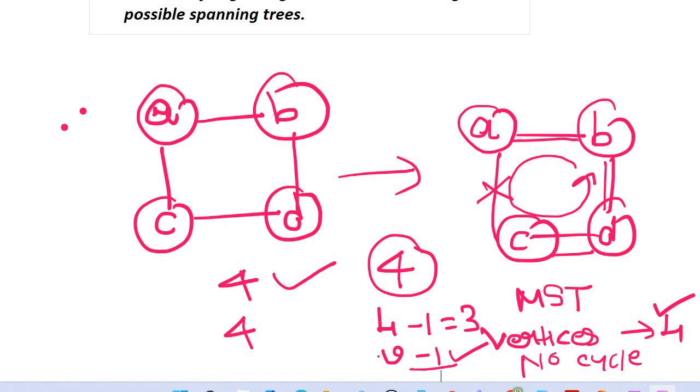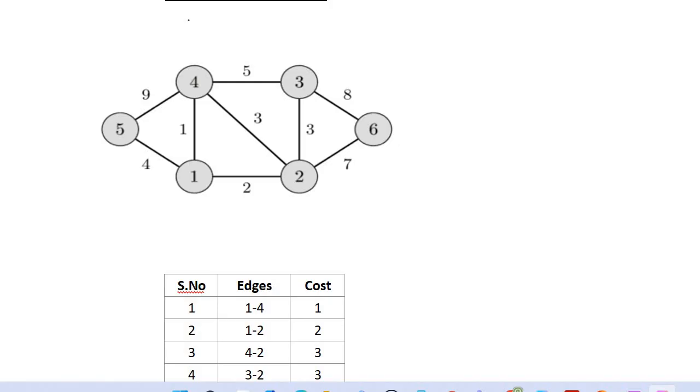Let us go to Kruskal's algorithm now. It is one of the examples of minimum spanning tree algorithms. Let us assume one graph. How many vertices are available here? 1, 2, 3, 4, 5, 6.